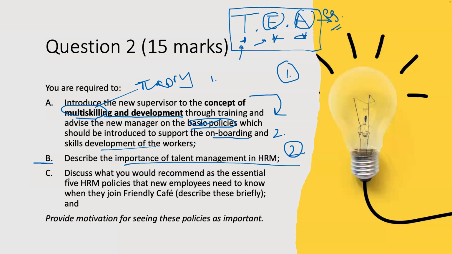The last part of this question is discuss what you would recommend as the essential 5 HRM policies that new employees need to know when they join Friendly Cafe. Describe these briefly. So this is slightly different from the previous paragraph. So this is your third paragraph. And this would literally be you saying, the 5 policies are as follows.